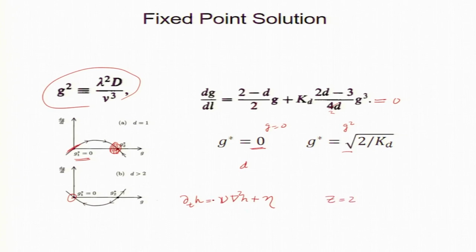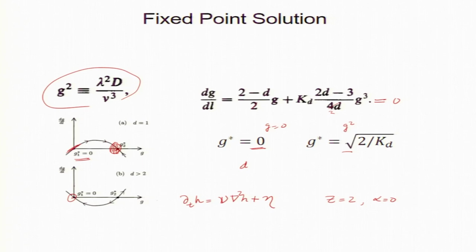In fact, we can do it from this analysis as well. So, z equal to 2 and alpha is 0. It turns out for d greater than 2, this theory predicts that the surface fluctuation is basically not very significant. So, alpha is 0.